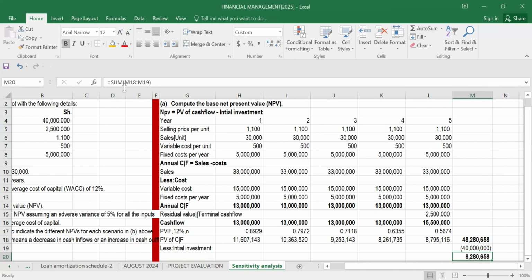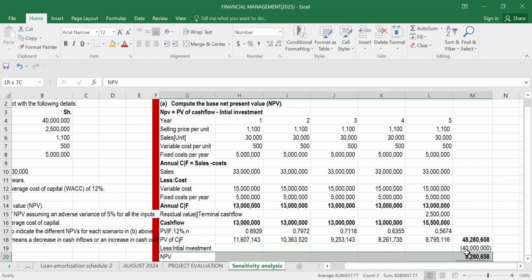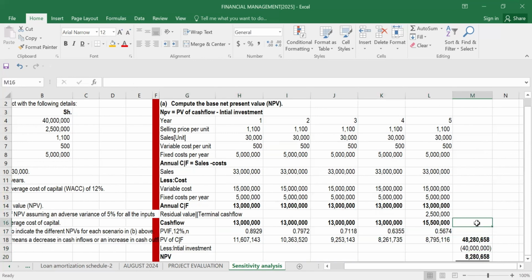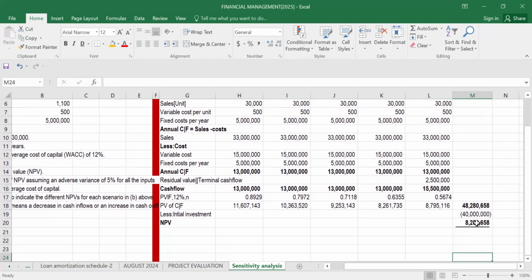So that is now the net present value. This is the NPV of the project here. Yes, so that is it. That is basically what was required as far as part A of that question is concerned. So the examiner was requiring the students there to compute the NPV.